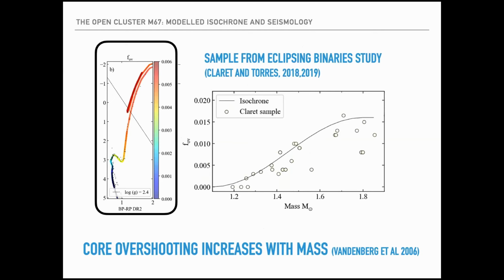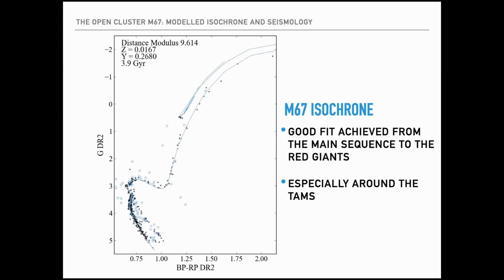Now, when we compare our calibrated overshooting values with independent studies from eclipsing binaries, for example, you can see that it follows pretty well the outer line of their independent results with other models and with other stars. So we are pretty confident on that as well. Now, in summary, we achieved a good fit from the main sequence to the giants, and especially around the terminal age main sequence is a very good fit with the cluster.